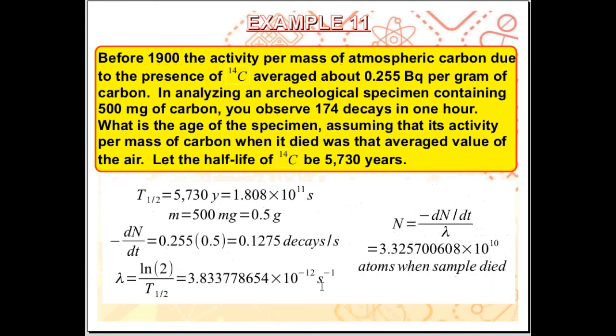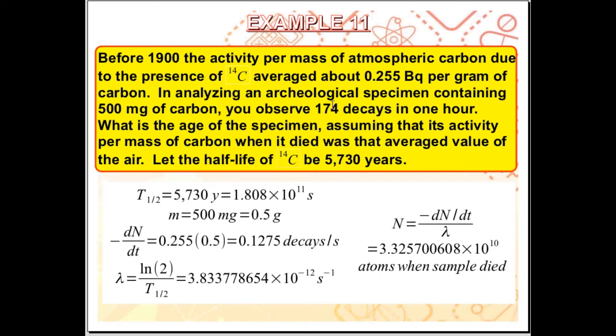And lastly, we have the following problem. Example 11. Before 1900, the activity per mass of atmospheric carbon due to the presence of carbon-14 averaged about 0.255 becquerel per gram of carbon.